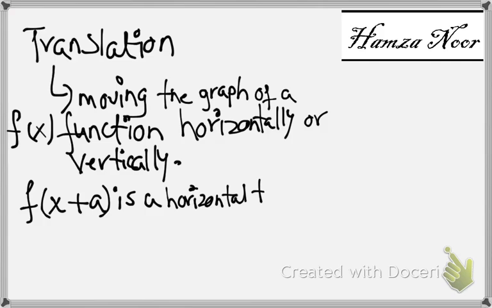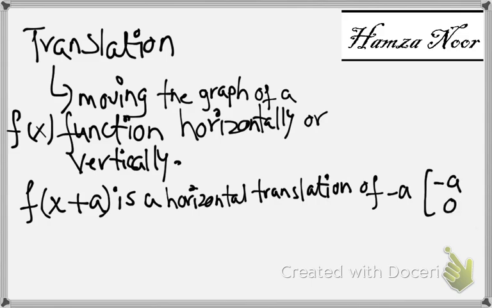This can be a translation by a vector. You need to move it horizontally, right? Moving it horizontally means moving it along the x-axis. So the translation vector will be like this: (-a, 0). All you need to do is only shift the graph horizontally. This means only change the x coordinates and the y coordinates will remain unchanged.